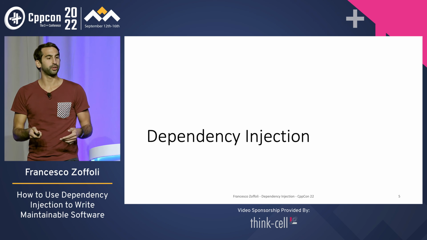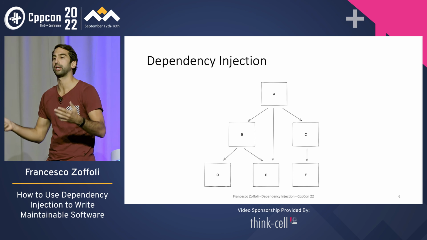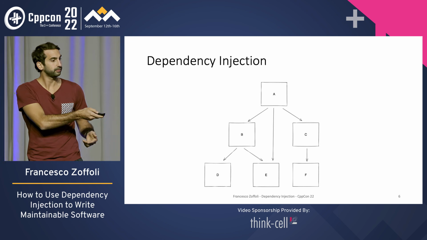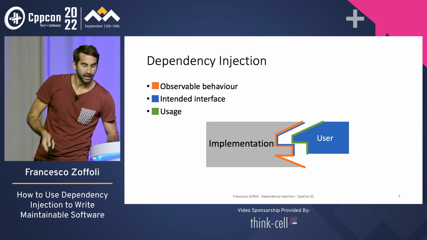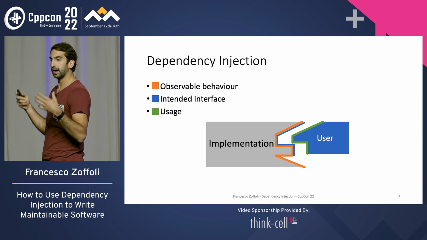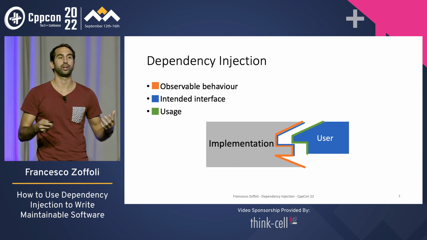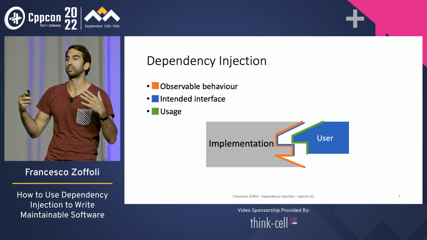So your software is probably composed of multiple components, and these components interact with each other. And when they interact, every component is going to have some observable behavior. An observable behavior is everything you can observe out of this component.